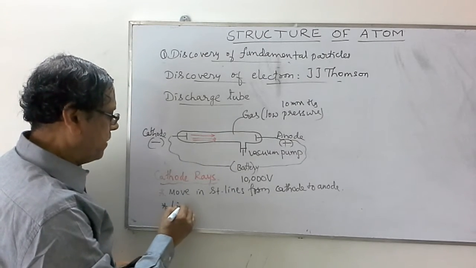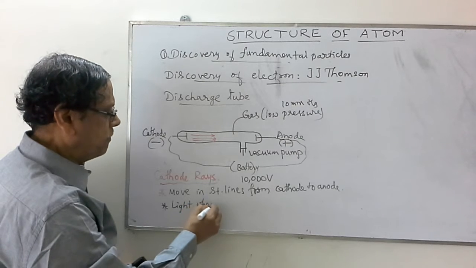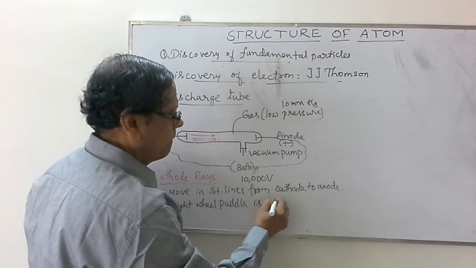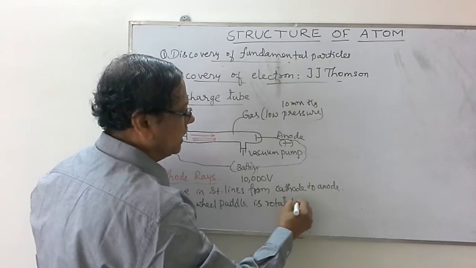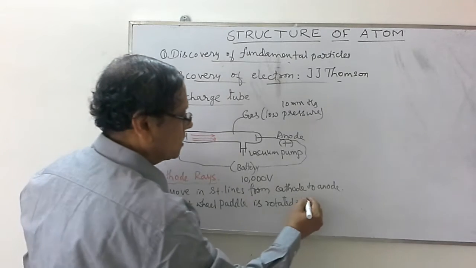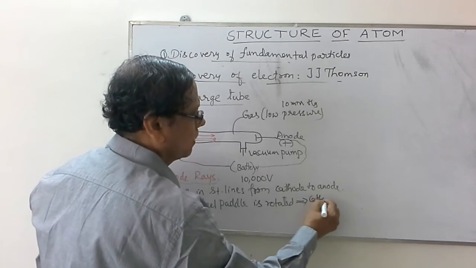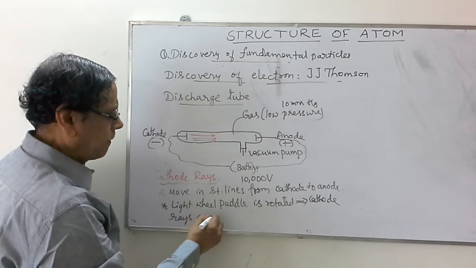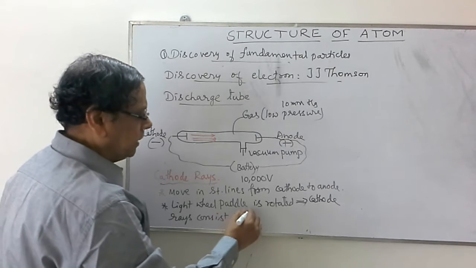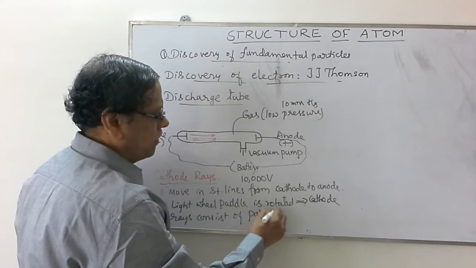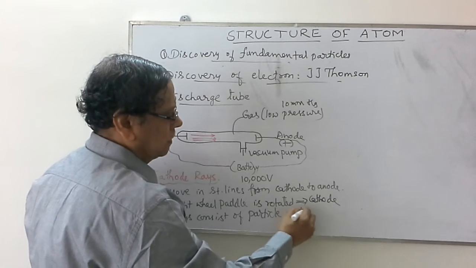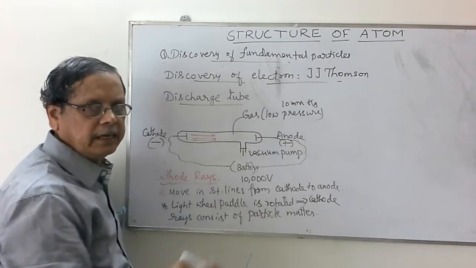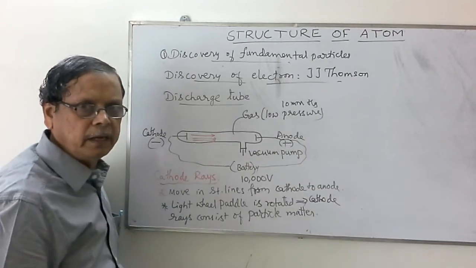So a light paddle wheel is rotated, indicating that these cathode rays consist of particle matter. Only when there is matter present in that ray, then only they can rotate the paddle wheel.